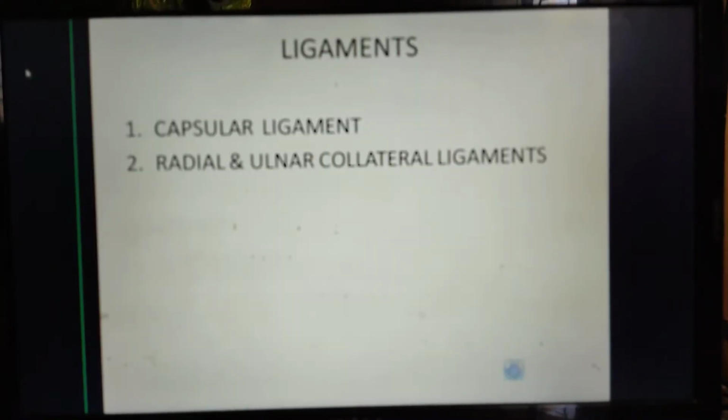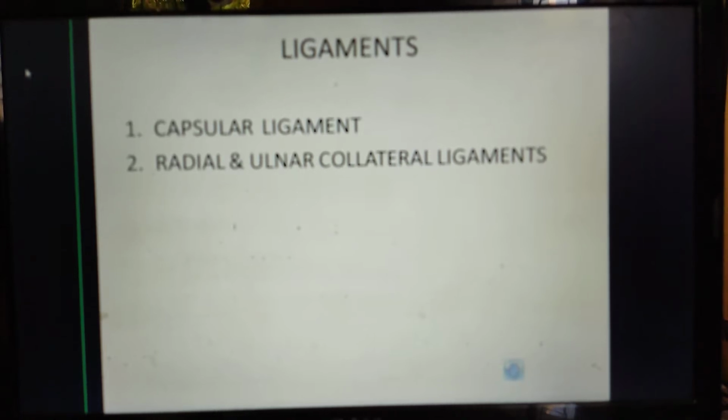The capsular ligament on the palmar and dorsal aspect is thickened to form the palmar and dorsal radiocarpal ligaments, which extend inferomedially from the lower end of the radius to the respective surfaces of the proximal row of carpal bones and also to the capitate.